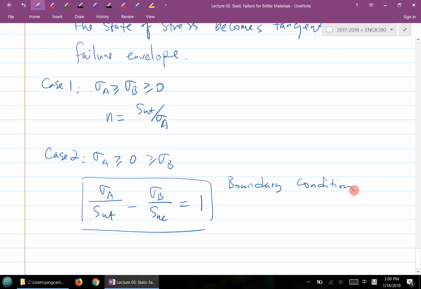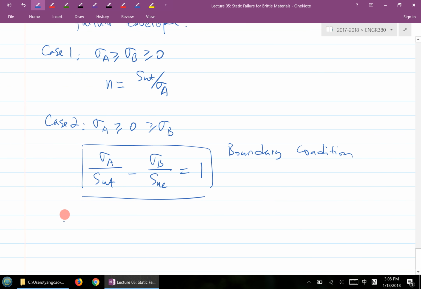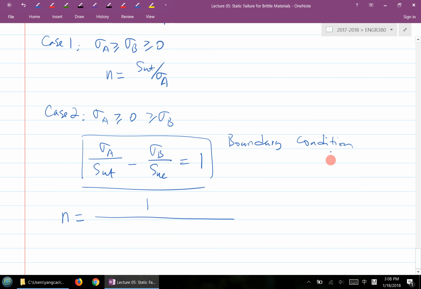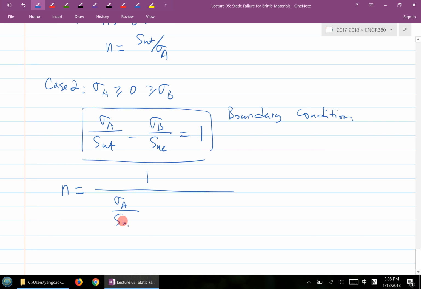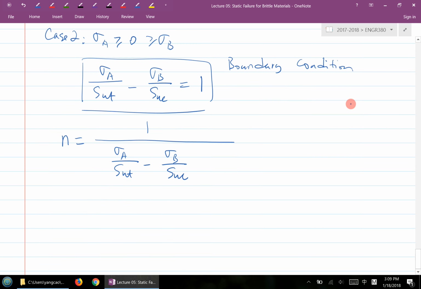When this whole expression is equal to 1, that's the failure boundary condition. Of course, you also want to calculate the safety factor. The safety factor will be just 1 divided by this quantity. Okay, so that's case number 2.